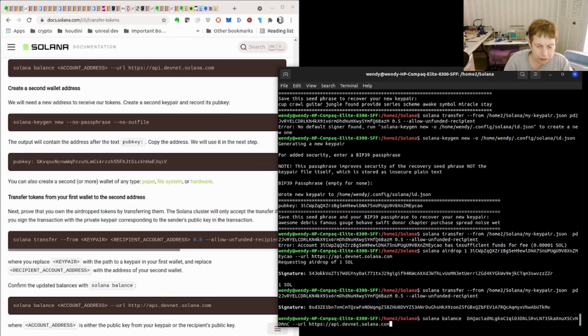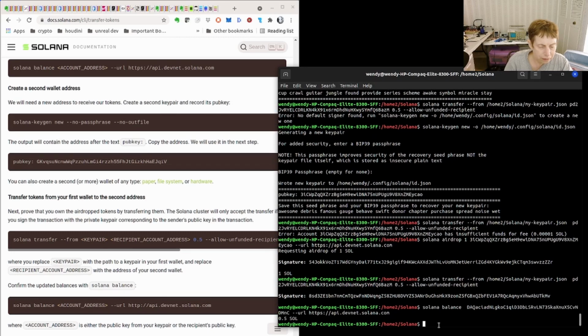I want to check this. So it's taking the money. Oh, I bet that other one is where the fee is at. And I'm allowing the unfunded. What I think happened is the unfunded recipient would obviously be the recipient, which is the second account we generated.